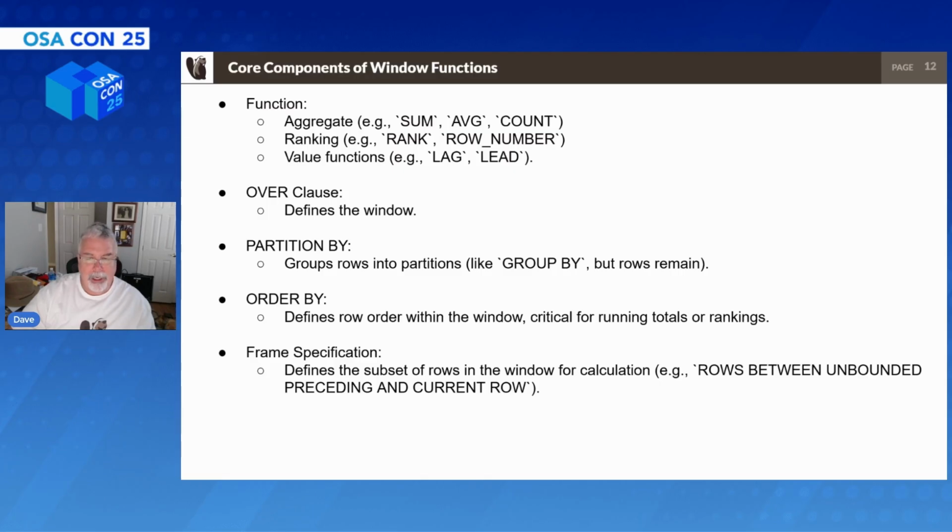Now, partitioning is how you pick what you're going to look at. Department, vendor, order date, any sort of data you can have in there, you can use some sort of partitioning on. Now, ORDER BY by default is going to be ascending. If you want descending, you'll have to specify that. And frame specification. This is where it gets a little hairy because you're going to start seeing some odd definitions.